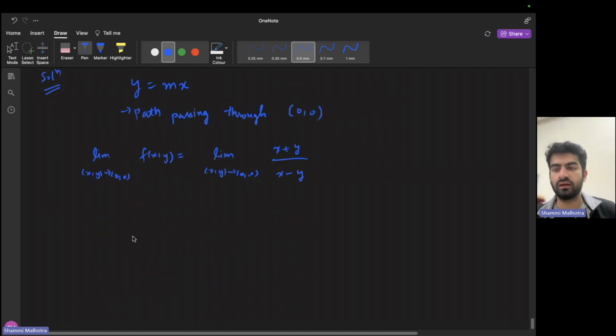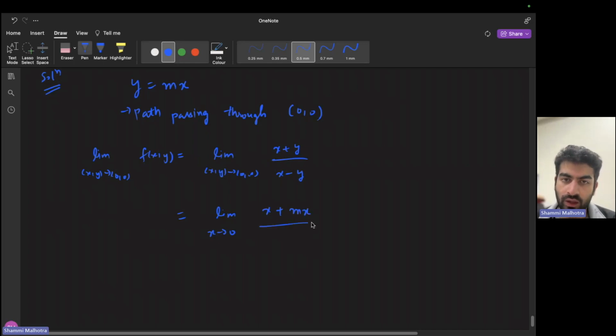If I consider this path, I just substitute y with mx. So this will be the limit as x tends to 0 of (x plus mx) divided by (x minus mx). And if I take x to be non-zero, this turns out to be (1 plus m) divided by (1 minus m).